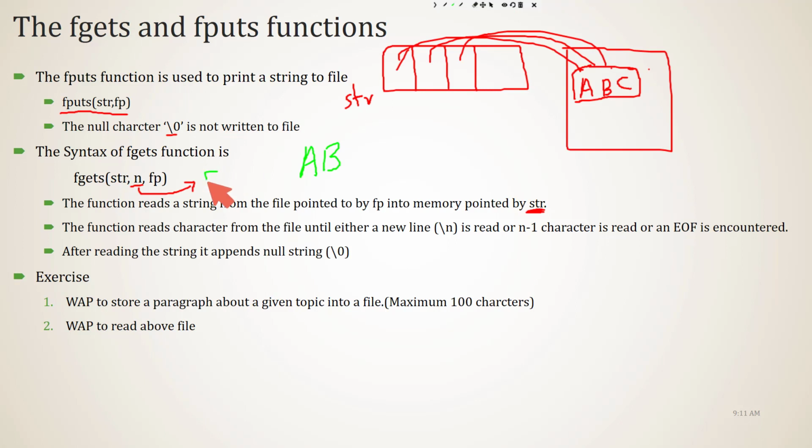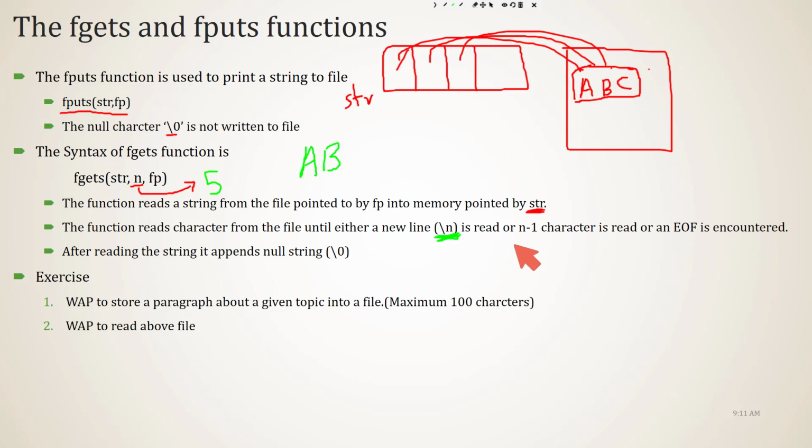Next case. Suppose I have 5. Here just imagine there is no new line, only one single line is in the file, so that slash n will not be there in the file. So n minus 1 characters means 4 characters. Here I have 3 characters and there is no slash n.